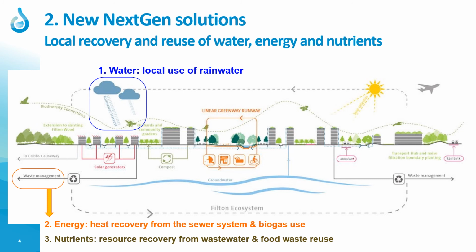And for the materials recovery, we are considering several options. For example, nutrient recovery from wastewater, and also we are considering some food waste reuse as a fertilizer for agriculture application.